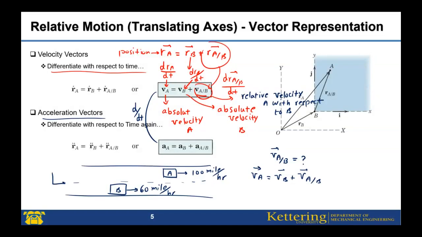For example, if i and j are the unit vectors along X and Y, I can write VA as a magnitude 100 in the i direction. I just write them in vector form. VB is 60 in the i direction plus this one that we are looking for.